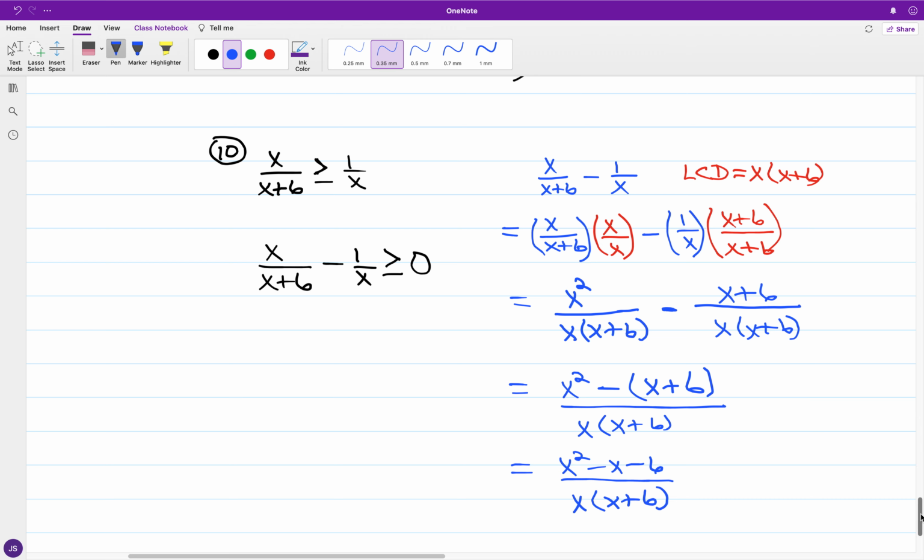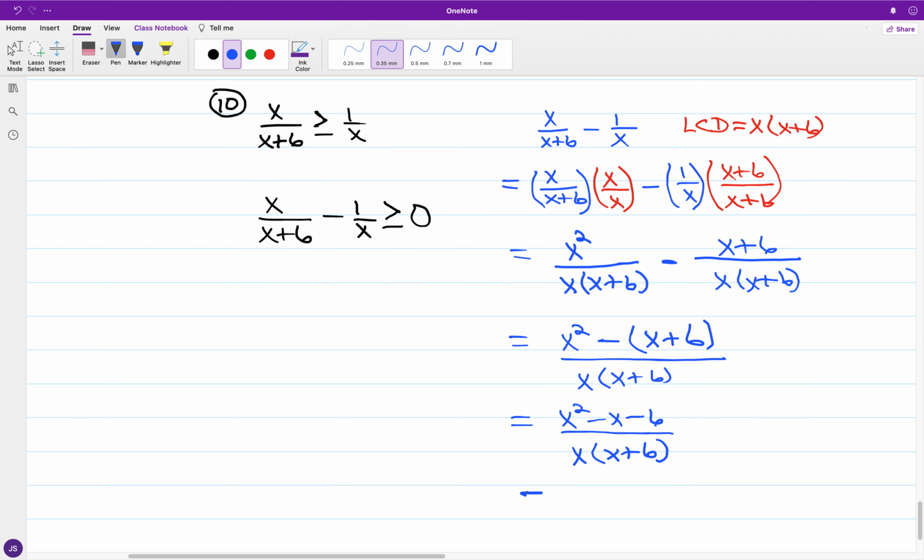And this trinomial at the top is factorable, so I'll go ahead and write this in factored form. I'm going to have x plus 2 times the quantity of x minus 3 all over x times the quantity of x plus 6.